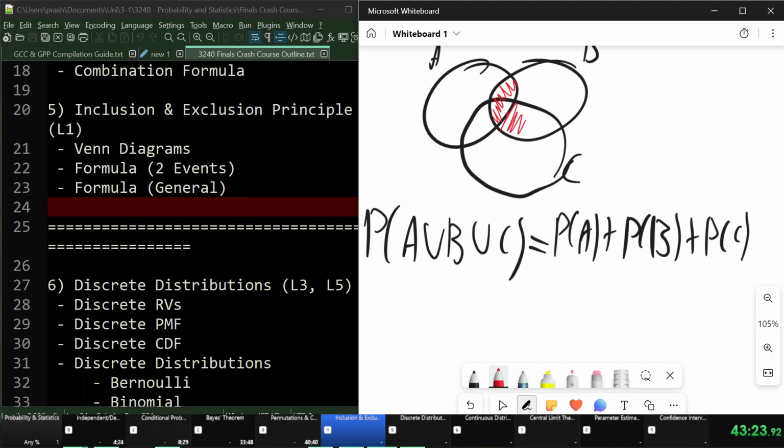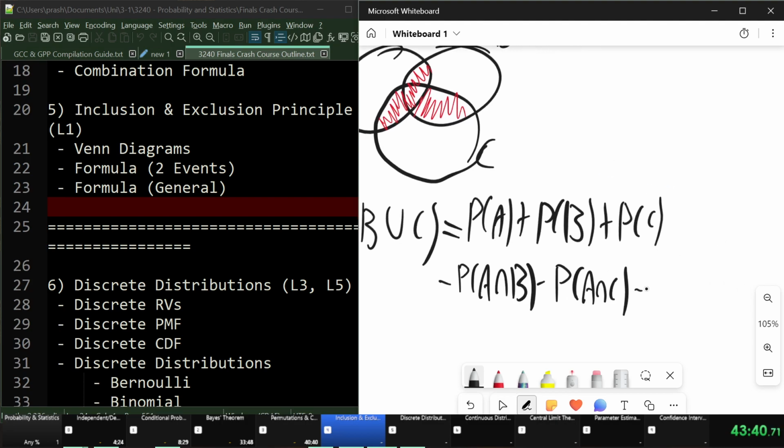This region will also be counted twice. This region will also be counted twice. So let's subtract them away, just like last time. A intersect B, A intersect C. Then we have probability of B intersect C.